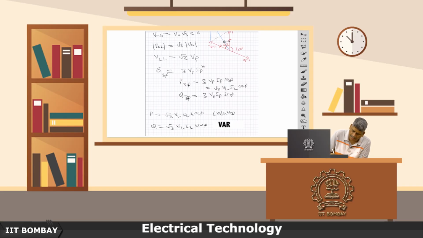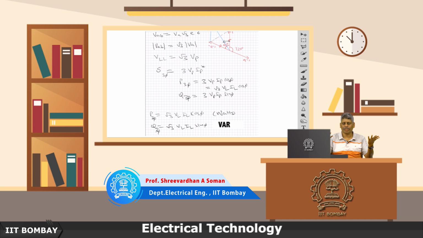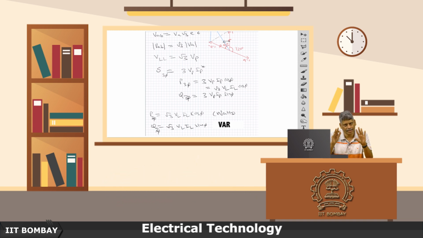Now, in the next class I will discuss another balanced connection which is commonly used, which is called a delta connection, and show that in terms of the line voltage, the formula for 3 phase active and reactive power is always root 3 VL IL cos phi and root 3 VL IL sin phi, whether it is a star connected load or a delta connected load.